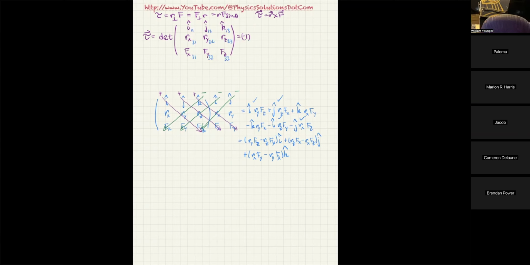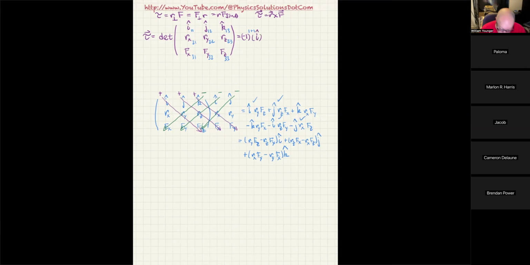Now, with that in mind, since we're expanding on the I hat, I have to raise -1 to the I plus j power, the index 1 plus 1. So that's equal to 2. And of course, -1 to the 2 power is just 1. But now I have to write the I hat out in front because that's the thing we're expanding upon.